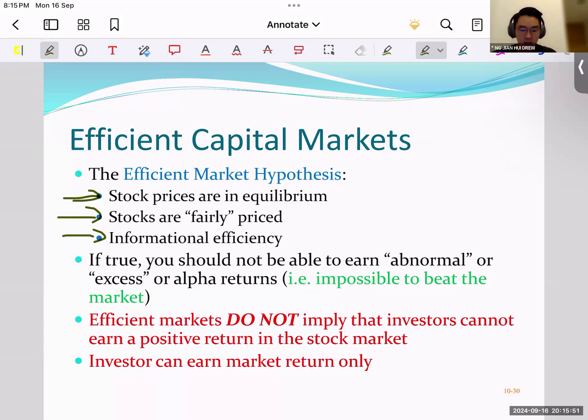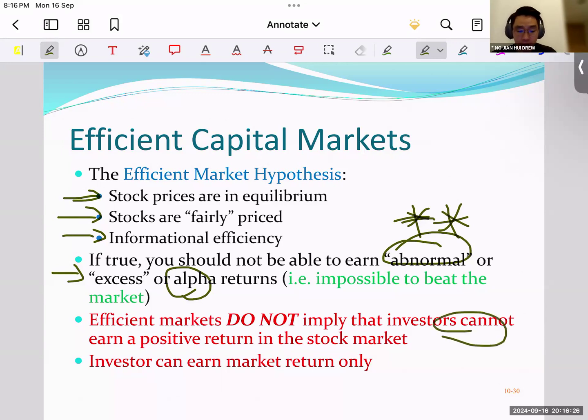Now, of course, if this is true, it means that the investor cannot earn abnormal returns. Okay, so this part is important. The idea of abnormal returns, or alpha returns, they're the same thing, just different names, is returns that are extraordinary, not the normal kind of returns. And this does not mean that the investor cannot earn any returns. The investor can earn returns, but it must be a normal kind of returns, not abnormal returns.